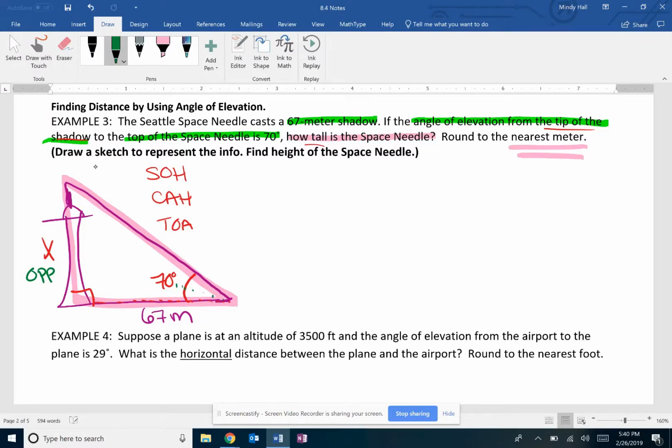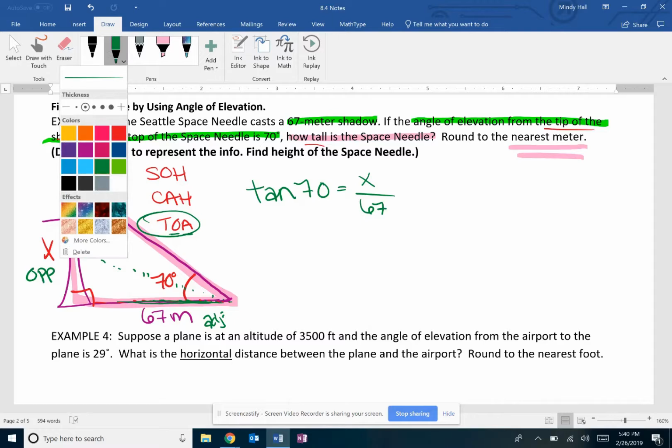So remember, opposite is all the way across. And then adjacent should actually be a part of the angle that you're talking about. So 67 is my adjacent. So because I have opposite and adjacent, you're looking for that O and A. So I know it's going to be tangent. So we're going to have tangent of 70 equals opposite over adjacent.